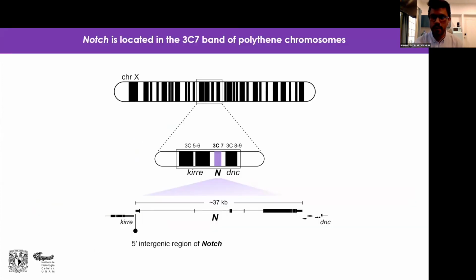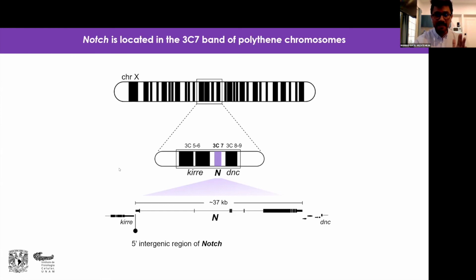So we decided to focus on one particular gene, which is a super popular gene, the Notch gene. Notch in Drosophila is located on the X chromosome. It's a small transcriptional unit, no more than 40 kilobases, and the full transcriptional unit is located in a band of a polytene chromosome, based on a lot of genetic evidence.